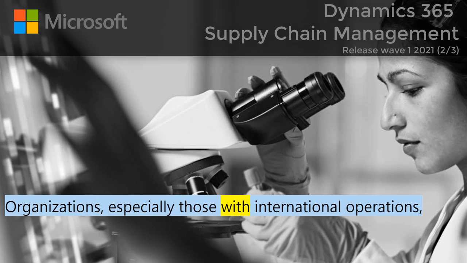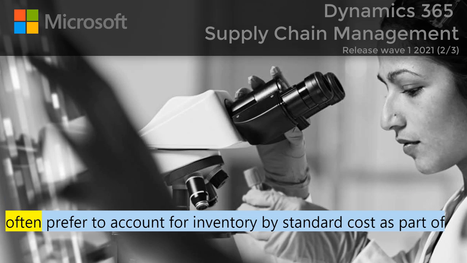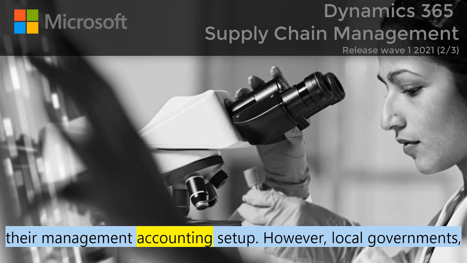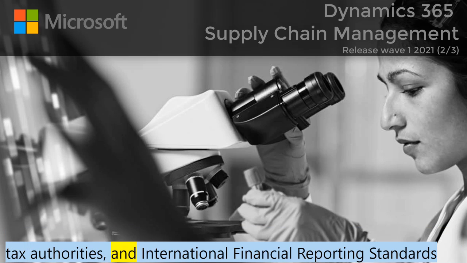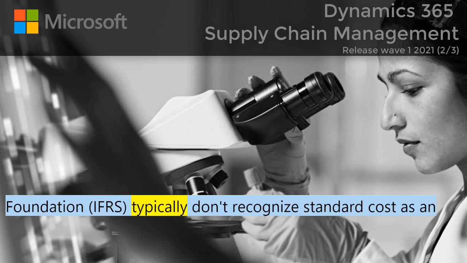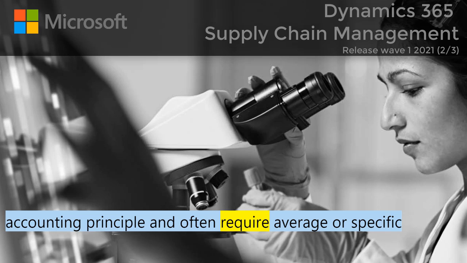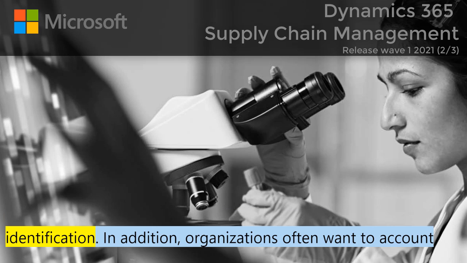Organizations, especially those with international operations, often prefer to account for inventory by standard cost as part of their management accounting setup. However, local governments, tax authorities, and International Financial Reporting Standards Foundation, IFRS, typically don't recognize standard cost as an accounting principle and often require average or specific identification.